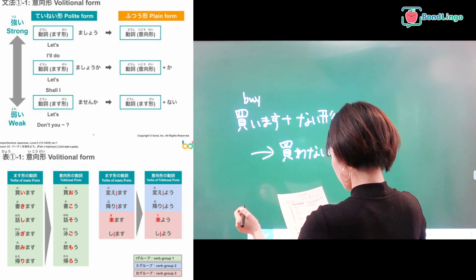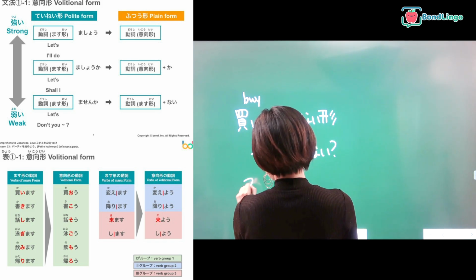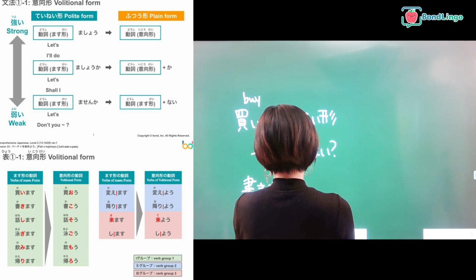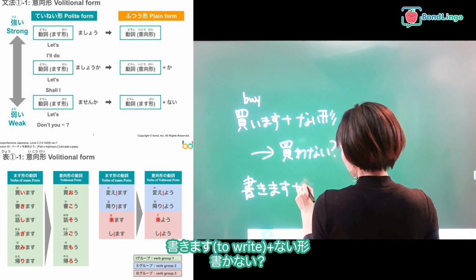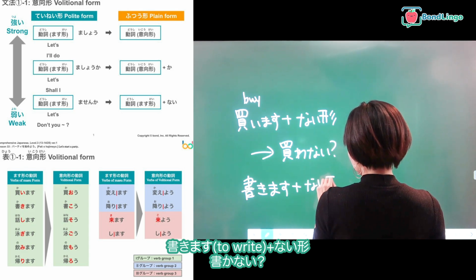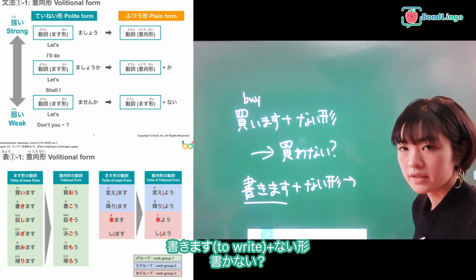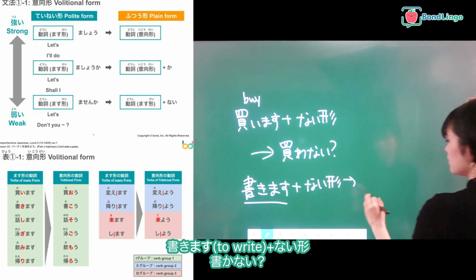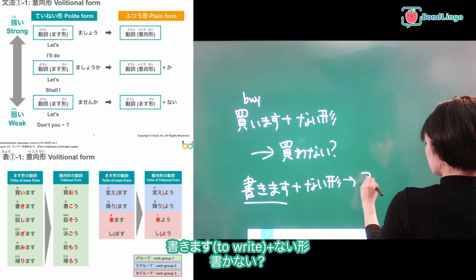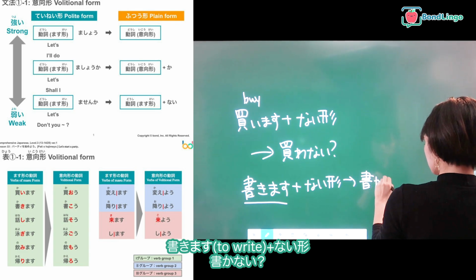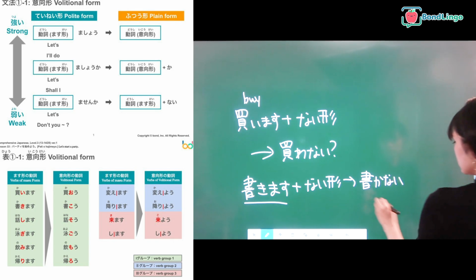And 書きます. You want to change this to ない形. 書きます, to write, ない形 is 書かない. Okay, 書かない.